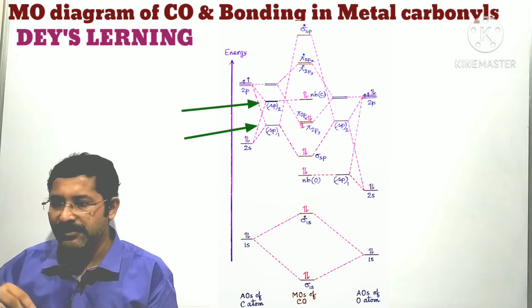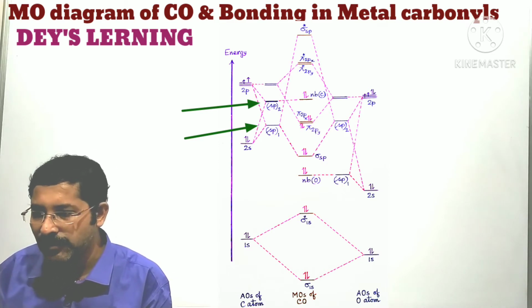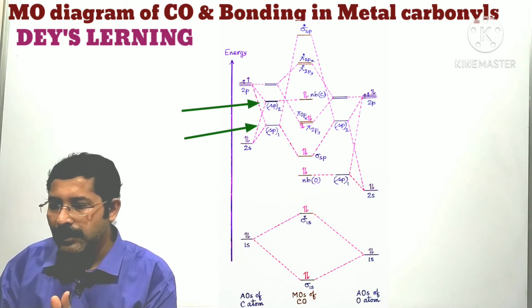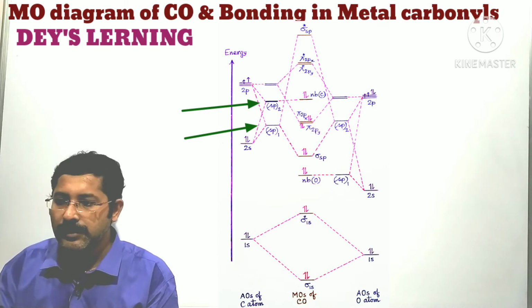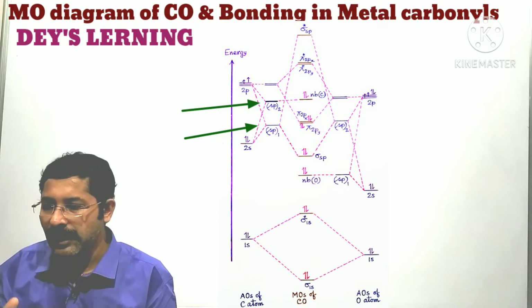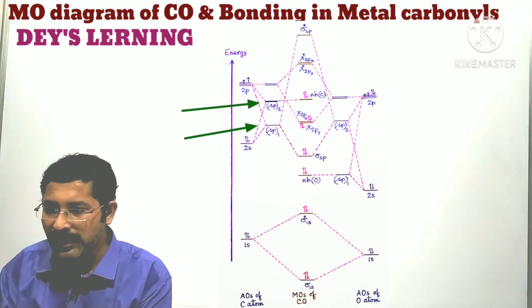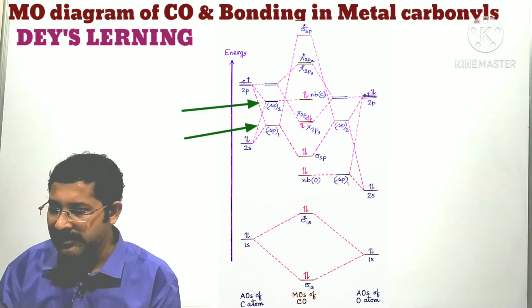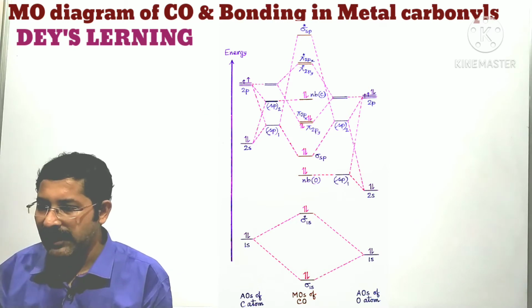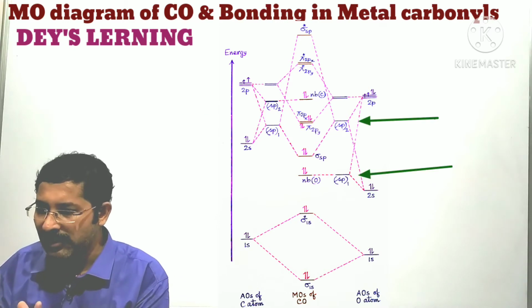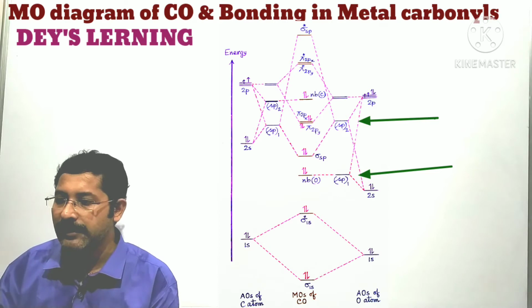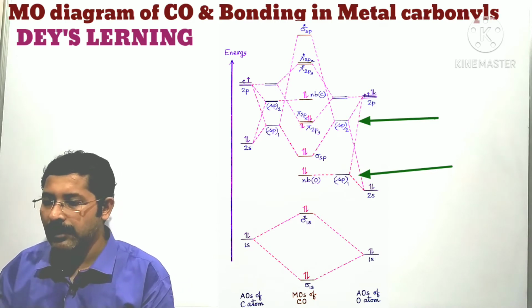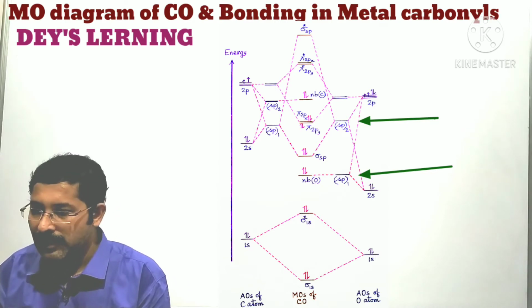The electron density of the s orbital and that of one of the p orbitals mix together to form two hybridized orbitals, one is sp1 and another is sp2, sp2 of higher energy, sp1 of lower energy. And similarly, 2s and 2p orbitals of oxygen combine together to form two sp hybrid orbitals.